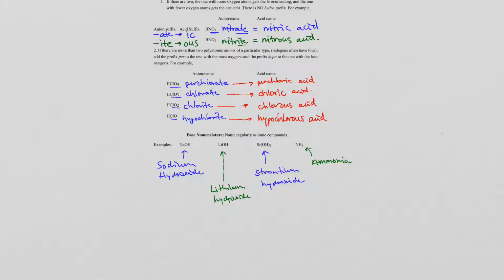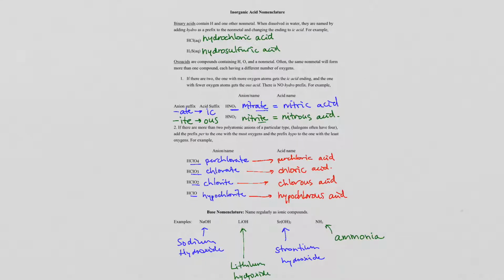Let me write that again, a little more neatly, so those letters aren't blending together. Everyone knows that ammonia is a base, so you'll learn what kind of base it is in just a second.